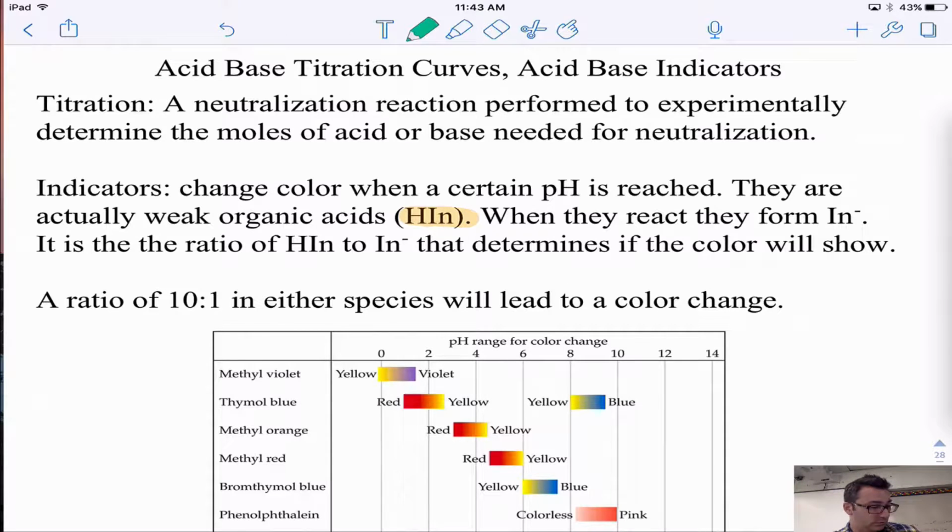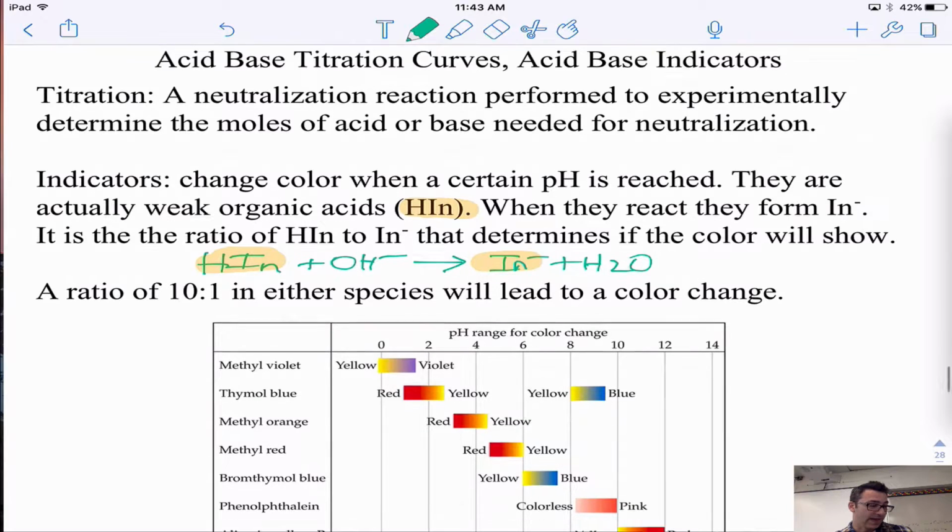So the indicator will exist in two forms, HIn, and then if we add some OH- to this, the indicator will also react to it, and it will get In- and H2O. These two species right here, the HIn and the In-, are what cause the color change.